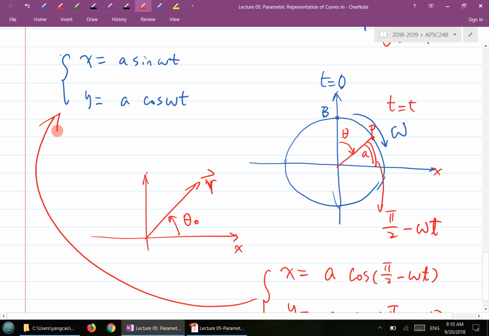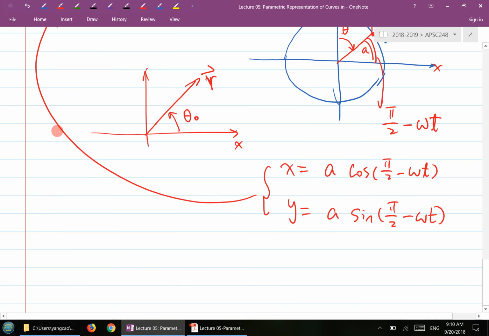In robotics, in a lot of dynamics areas, you have to come up with a function or parametric equation, whatever you want to call it, that describes a certain motion. That's a very, very common situation.